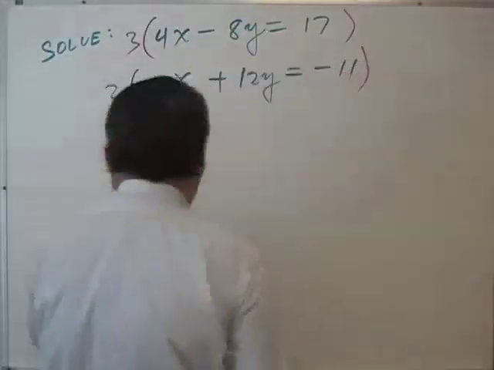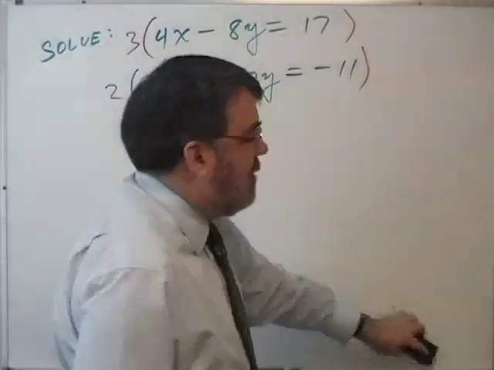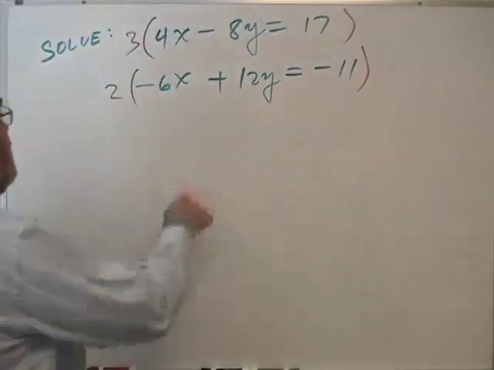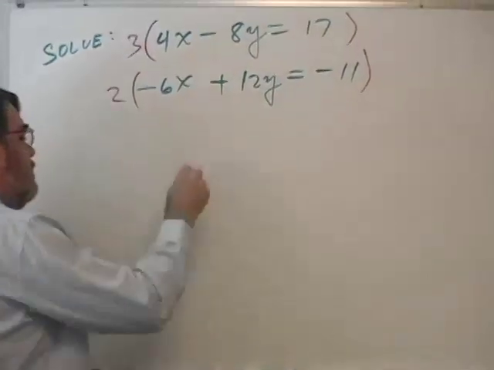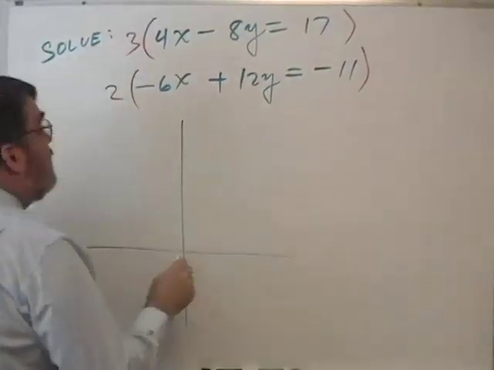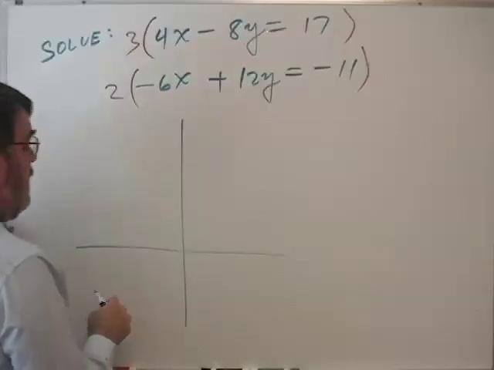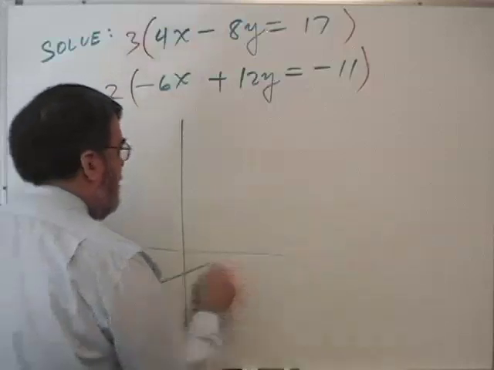So here's visually, or geometrically, what happened here. This equation is, oh boy, what would that be? Negative 17. I think it goes something like this.